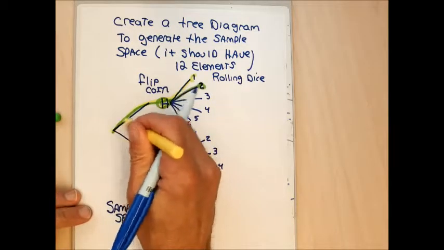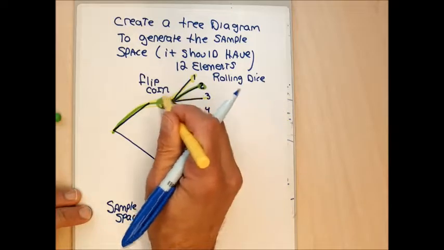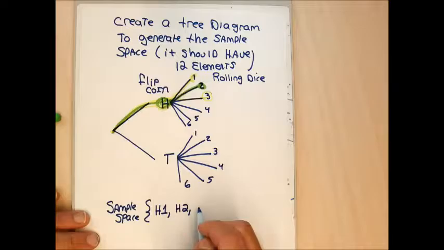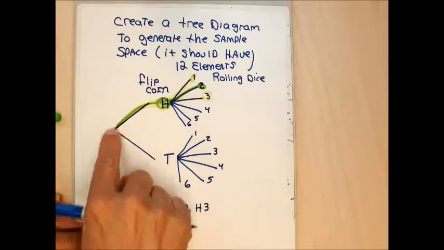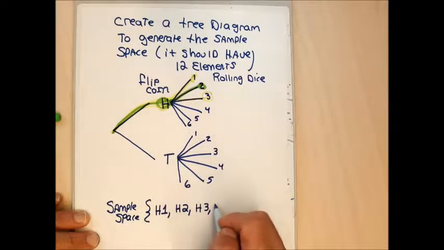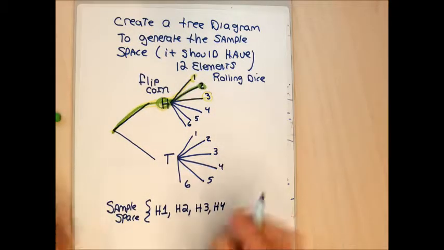And then I'll do the third path that goes from the point through the head to the number 3, and that's going to represent getting a head and then the number 3. Then I'm going to follow it to the 4 and write a head and a 4.